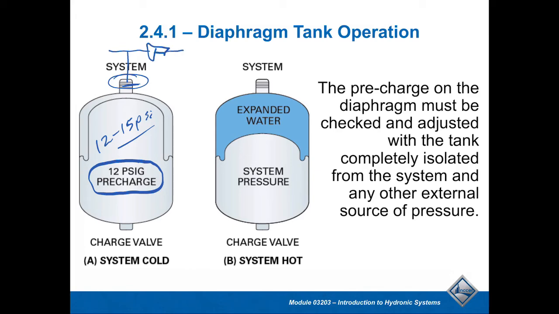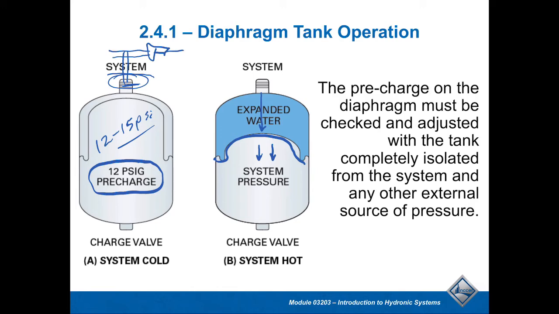Now, this tank should also be located, if this is my circulating pump, somewhere at the inlet side of your circulator, in that general vicinity. As the fluid in the system gets warmer, the water expands.